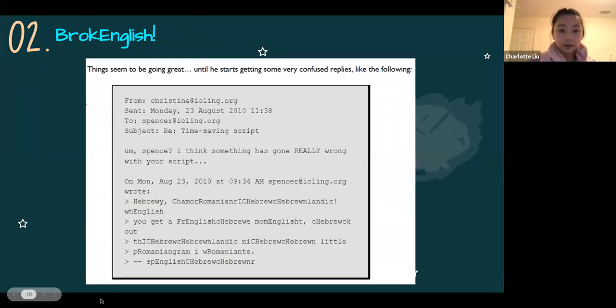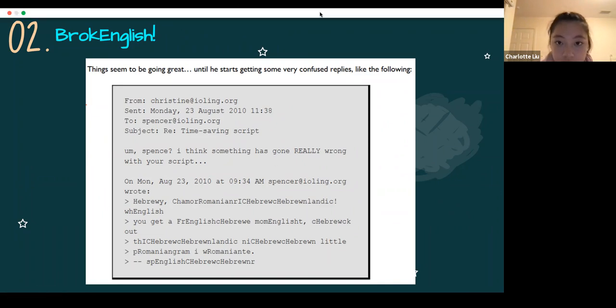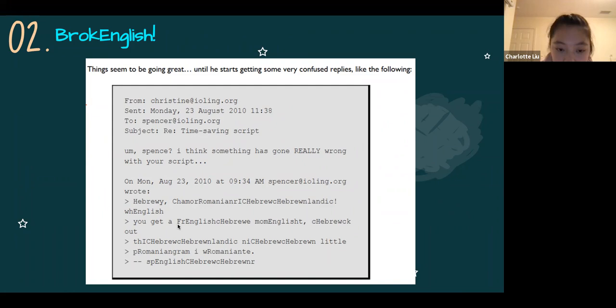So if we go back to this here, we can see that the sentence here, the word, sorry. Okay. So we can look at this word here.